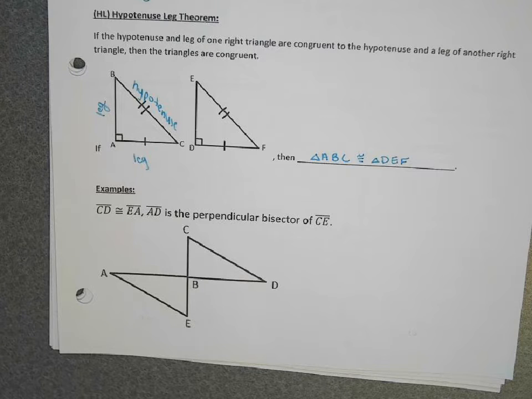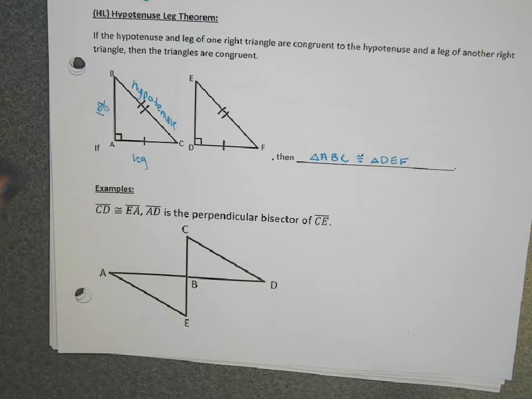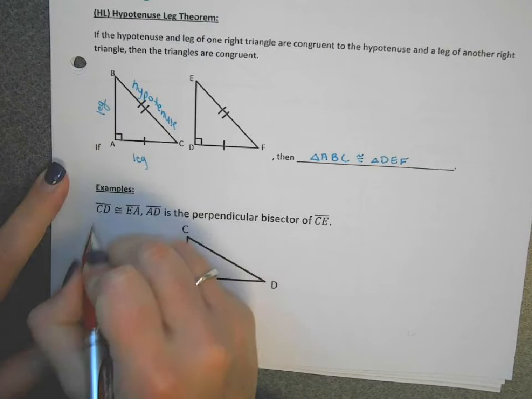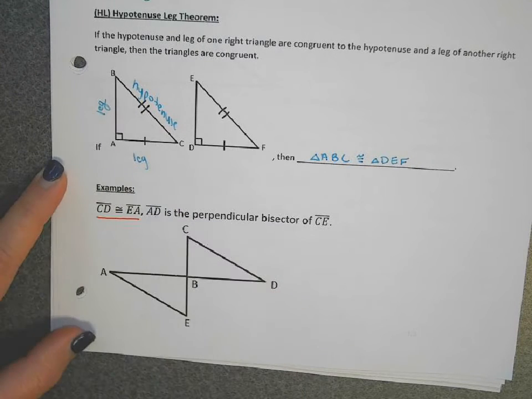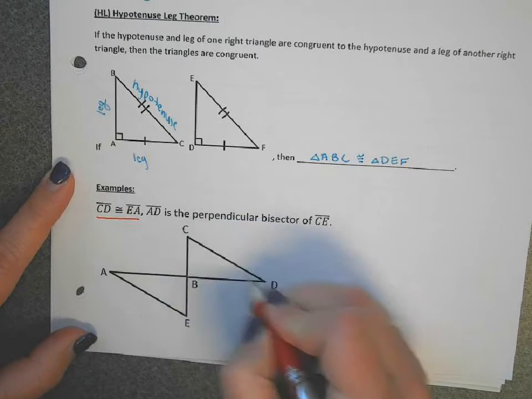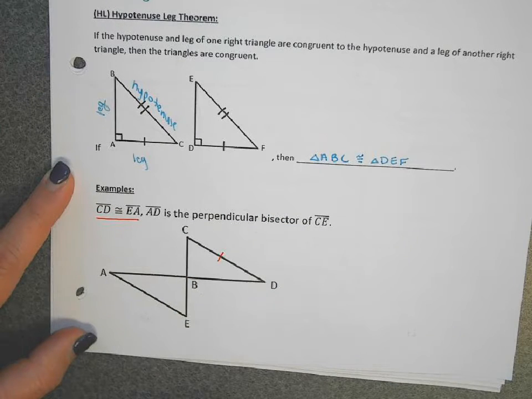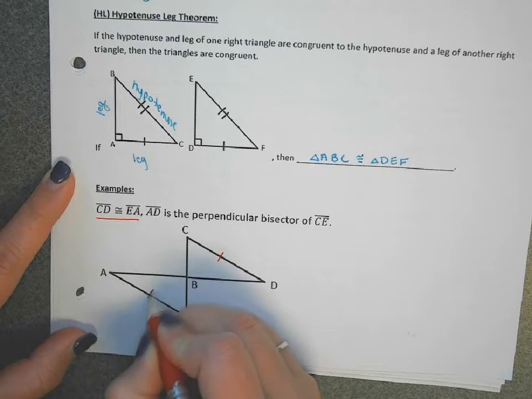Okay. So we are given here that CD is congruent to EA. So I would start by taking CD and marking it congruent to EA.